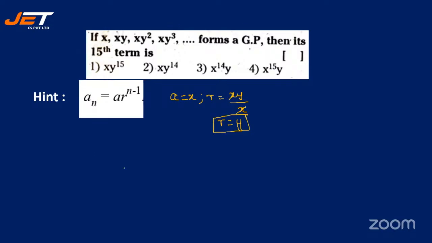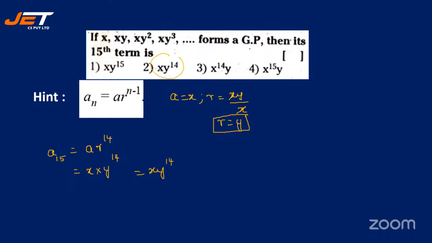R is y. Now we'll substitute here. What is A15? A R to the power 14. So what is A here? X. And what is R? Y. So xy to the power 14. Where do we have this here? Option 2.